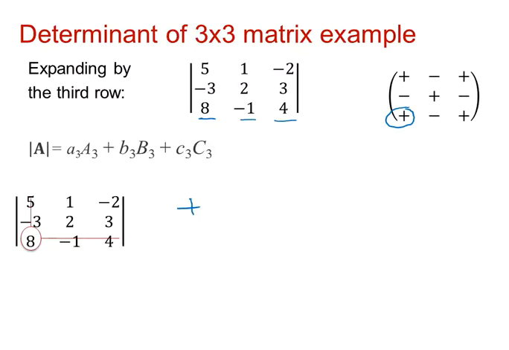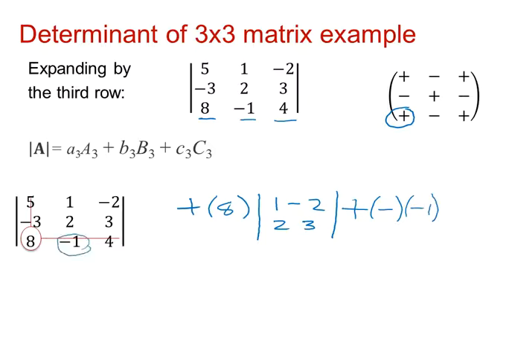So we've got positive of our element 8, and the 2 by 2 matrix is 1, minus 2, 2, 3. Moving along then, we would have a negative as our sign from the signs matrix. We also have our negative 1 as the b3 element, and our 2 by 2 matrix would be 5, minus 2, minus 3, 3.